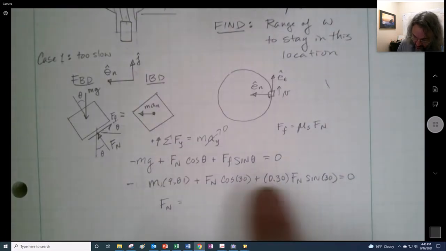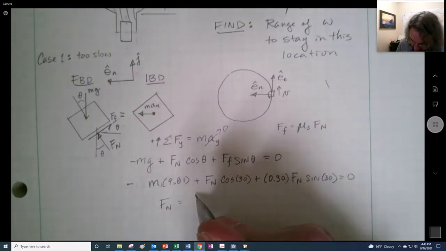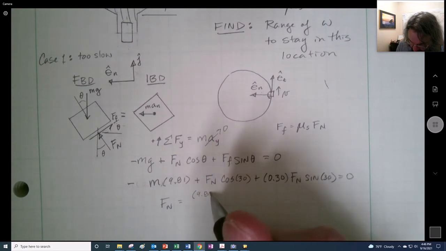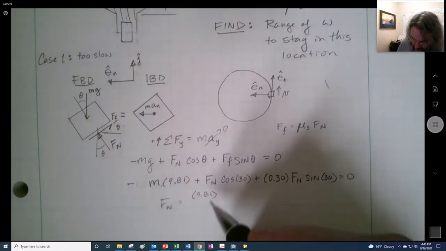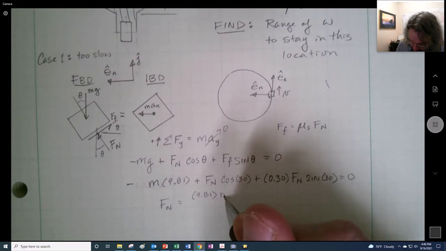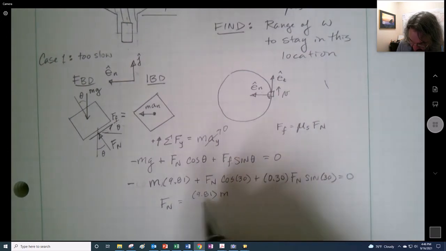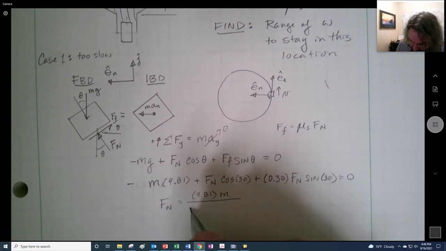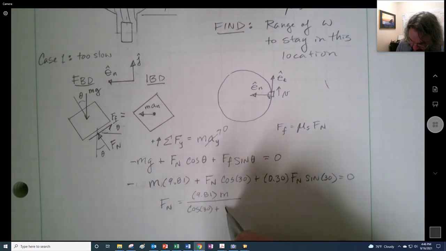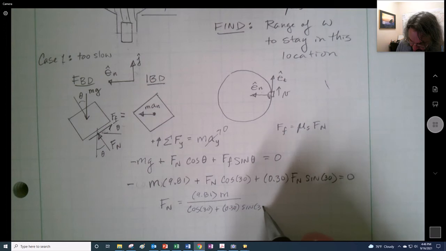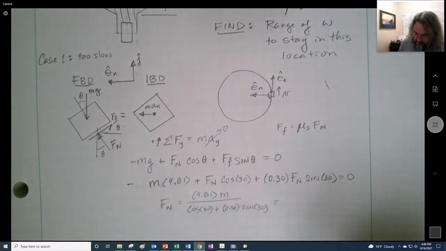That m and 9.81 is going to go to the other side. I'll write it out, 9.81 right there, and m goes onto the other side. And we're going to divide by the cosine of 30 plus 0.30 sine of 30. So we're going to get something multiplied by mass.